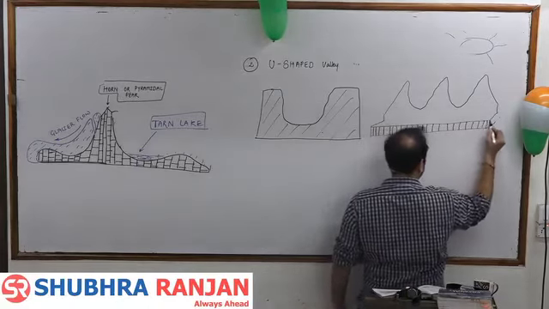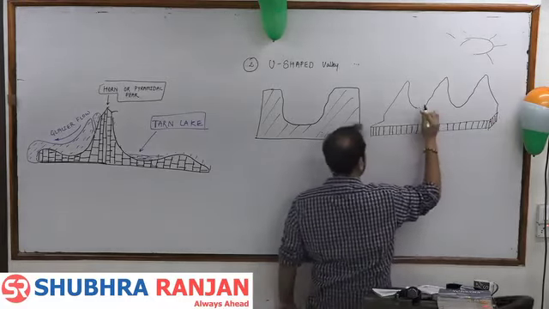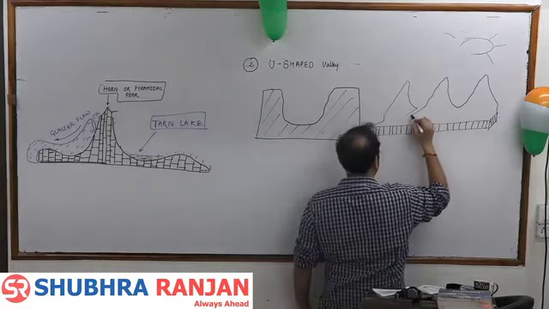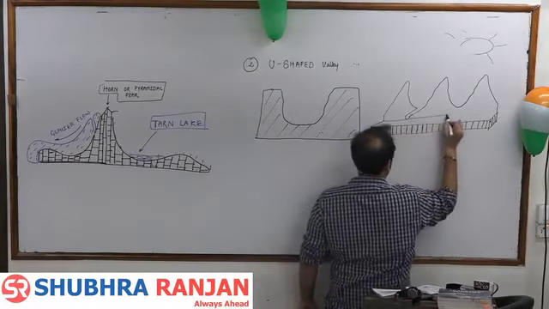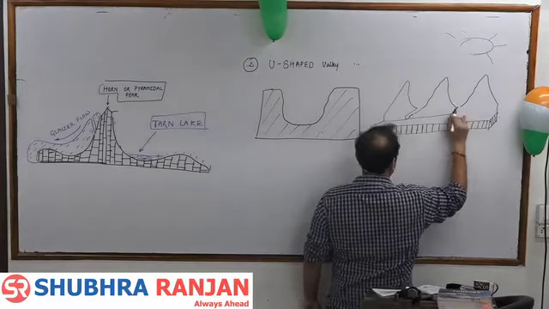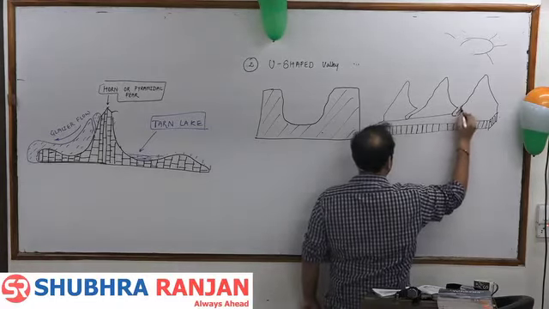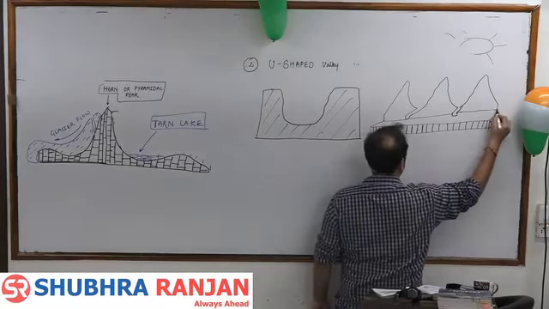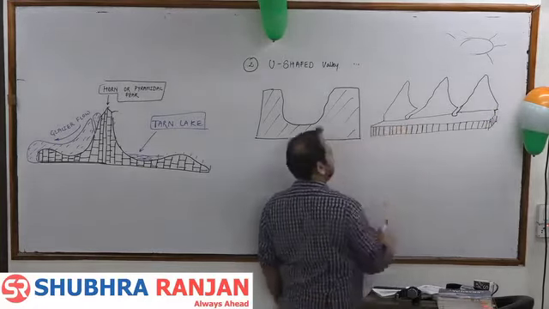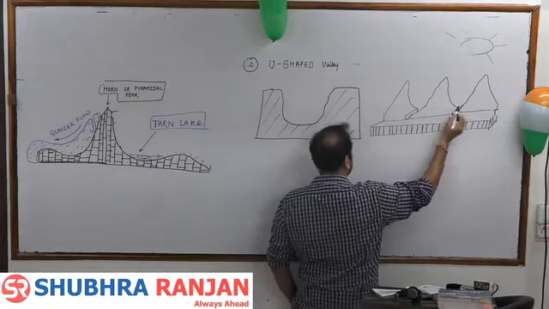Such U-shaped valleys of the tributary glaciers, which are found at the local base level and higher height, are known as hanging valleys.